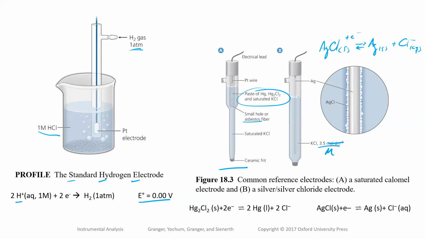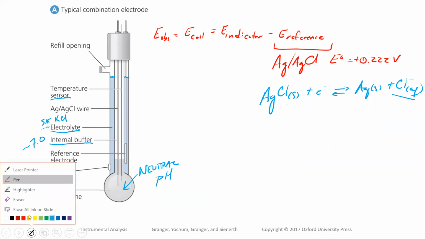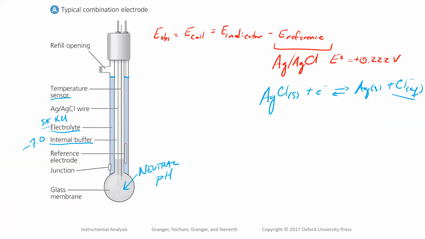And so this is the reference electrode that we have in our pH probe. Let me go back just one slide here. Right? So here's our reference electrode. I'm going to color it in red. That would be our little silver wire right there. And on that silver surface, you get your silver chloride, and that's where your reference potential would come from.